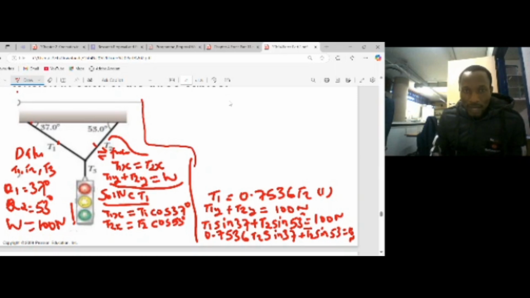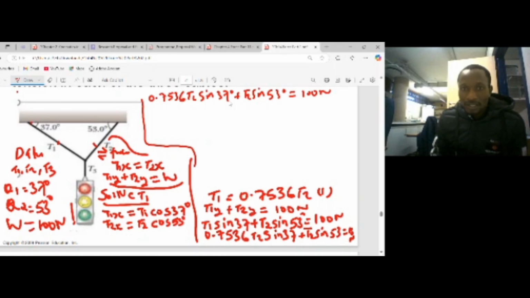So we have, if you check, okay, let me write it properly, 0.7536 T2 sin 37 degrees plus T2 sin 53 degrees is equal to 100 Newton.